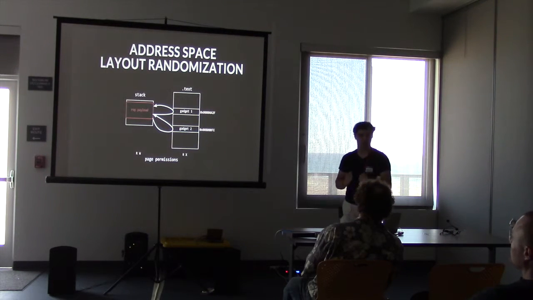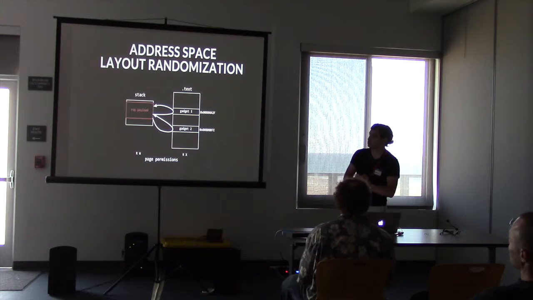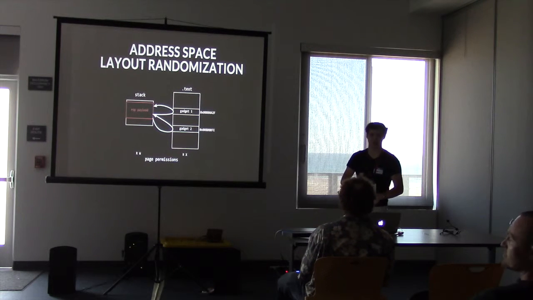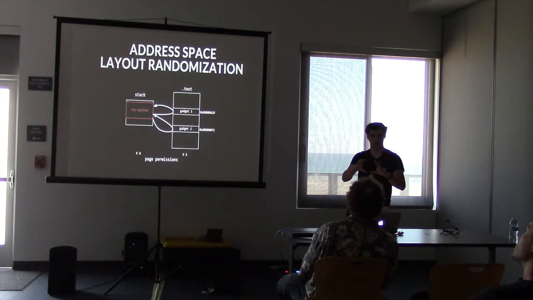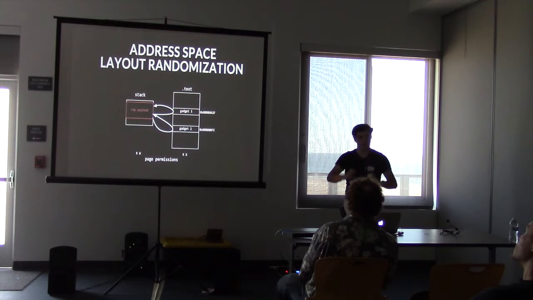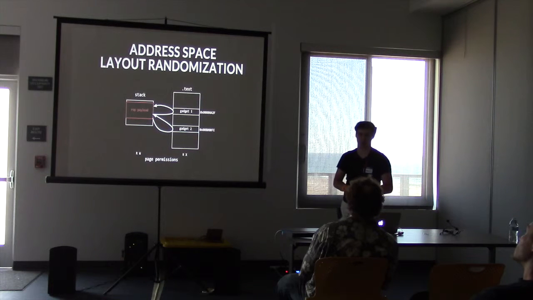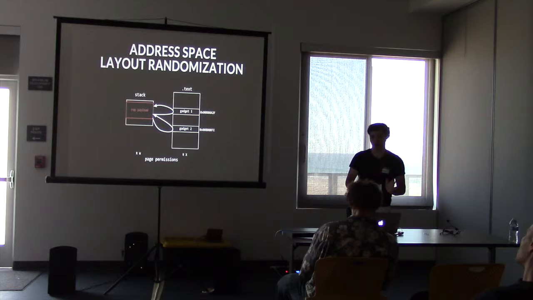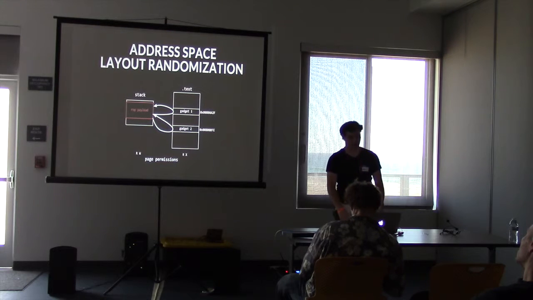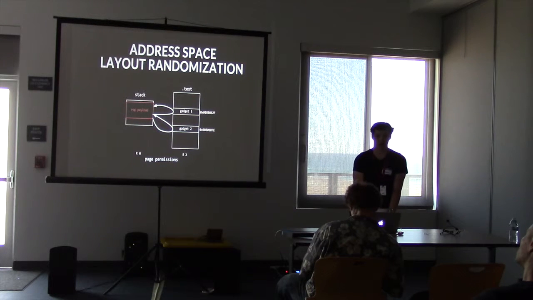That's a problem when you want to reuse code. So ASLR simply takes a library that's been compiled position independent, so you can put it anywhere in the address space, and at runtime it picks a random address to put it in. Unfortunately, it's not really random, but it's getting better. And on 64-bit, it's pretty good, actually. So this works like this.